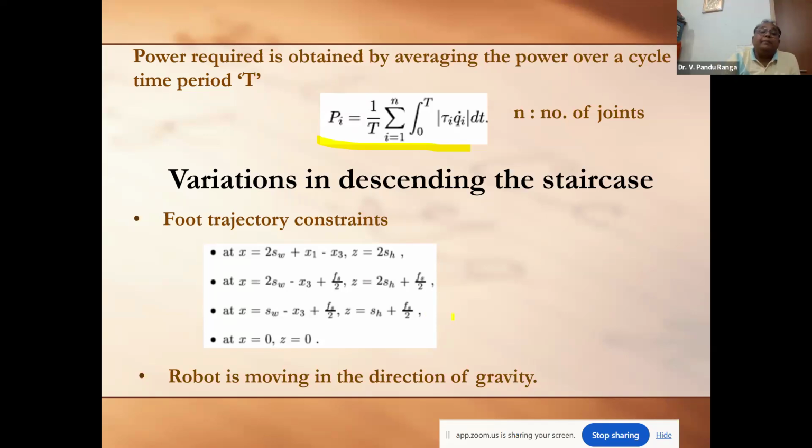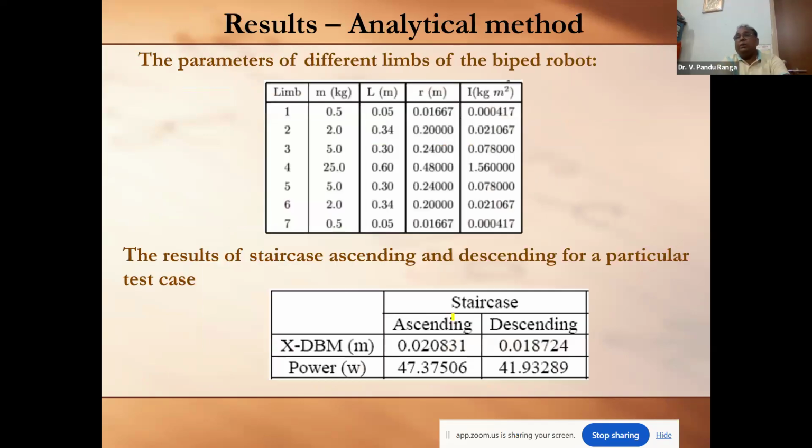Once you obtain the formulation, or analytical method, to solve the gaits for the biped robot ascending and descending the staircase, the performance of this algorithm is evaluated in computer simulations, assuming certain parameters for different limbs of the biped robot.